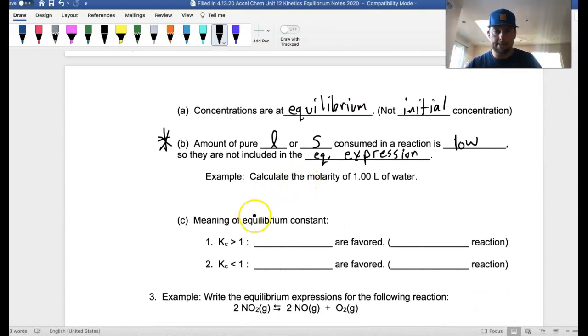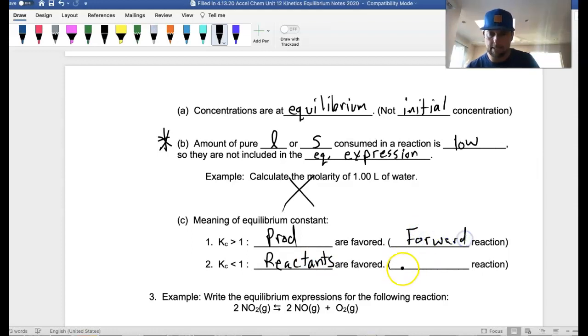So greater than 1, products are favored. Reactants are favored. So that means it's a more forward reaction, and this is a more reverse reaction.